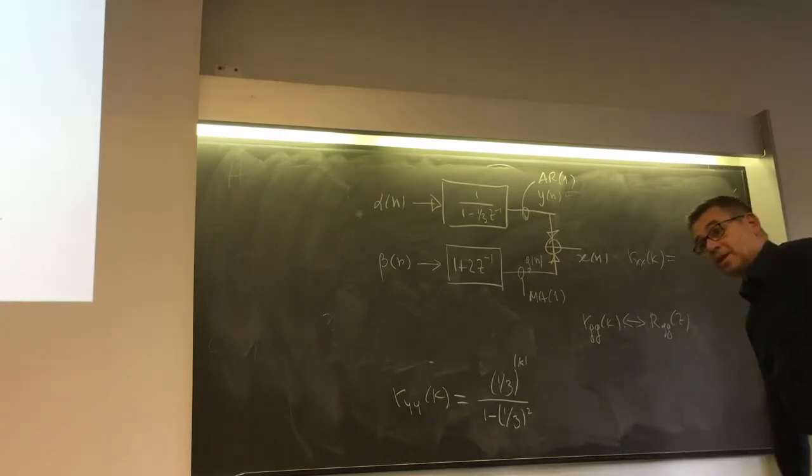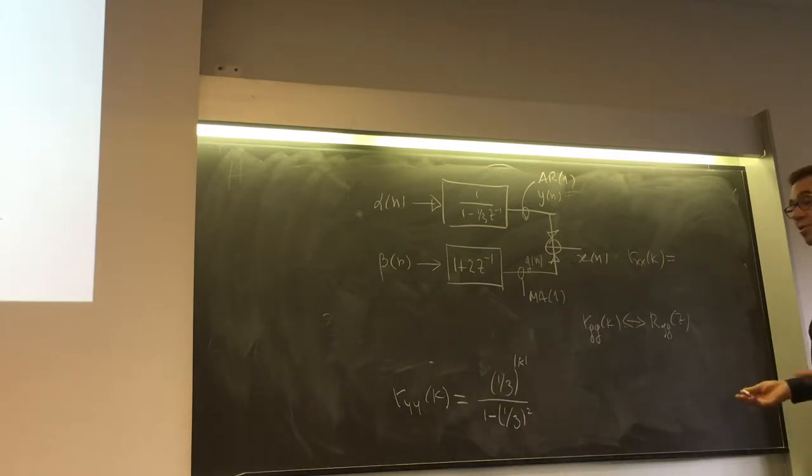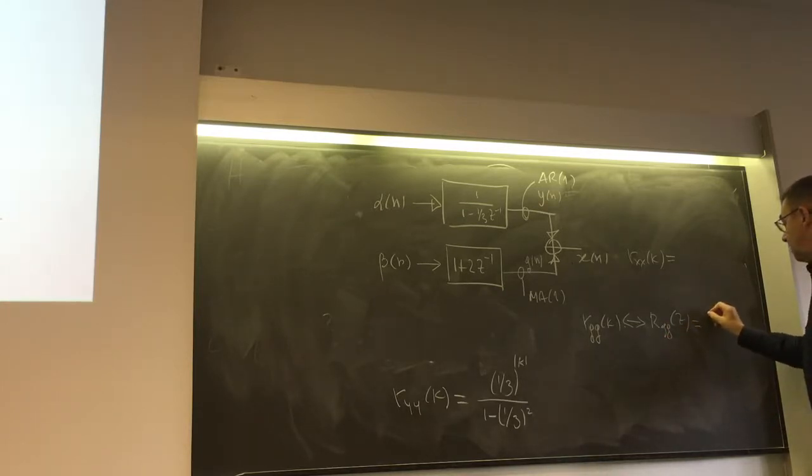Okay. Now, this is just a refresh. It seems that it's an exercise for the intermediate test, but this is what you need to know. So you need to get skilled to calculate that. So this one is 1 plus 2z to the minus 1 times 1 plus 2z. Okay? So it is 1.